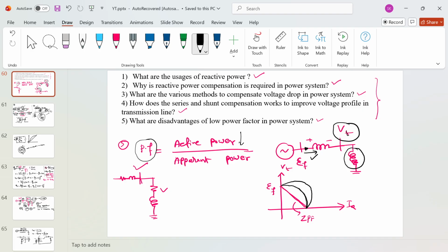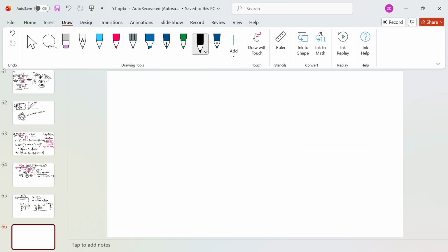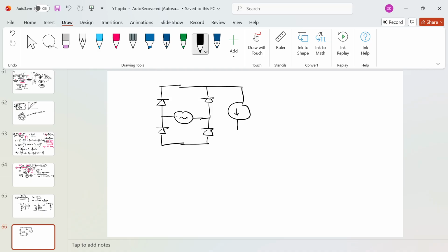power factor. There is one more scenario that can lead to low power factor, and that is because of harmonics. See, harmonics, like if you consider a rectifier, and the rectifier is feeding a constant current load.